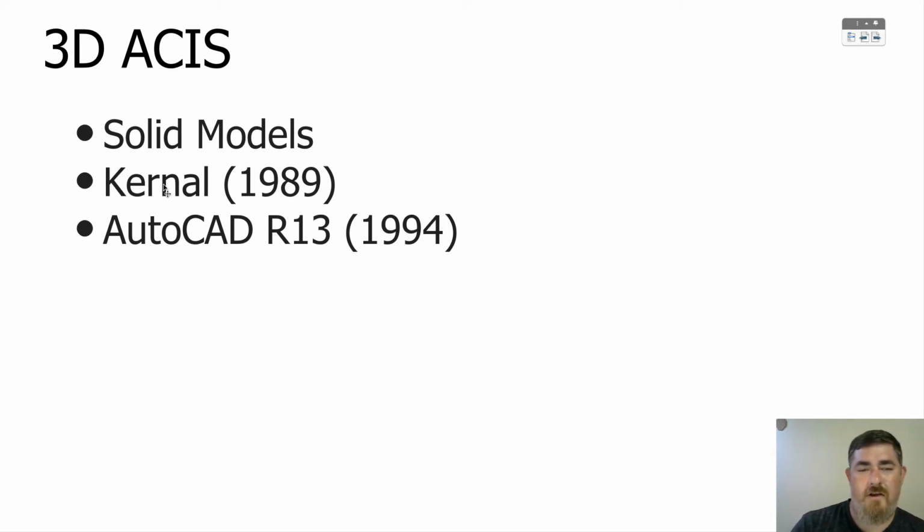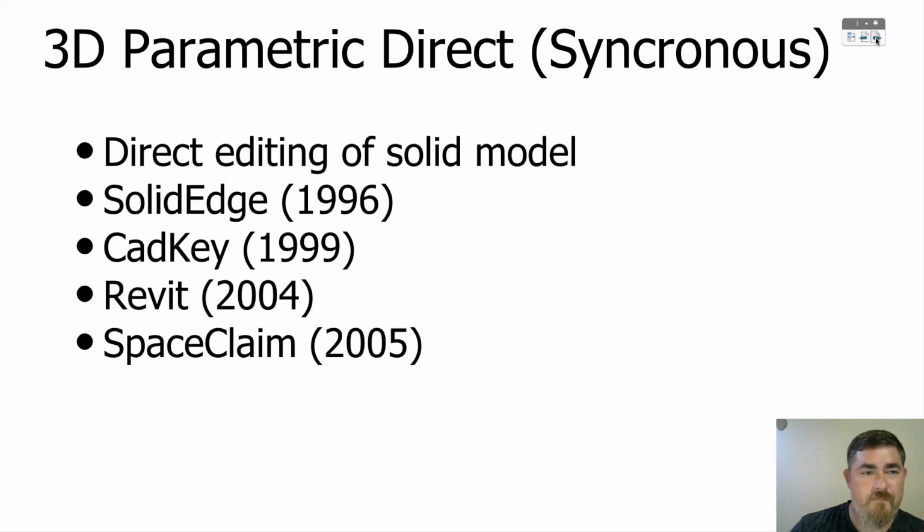We weren't just talking about the surface of it, we were talking about the entire model itself. The kernel was introduced into AutoCAD R13 in 94, and AutoCAD has had that since then. That allowed us to make a jump forward in using solid modeling.